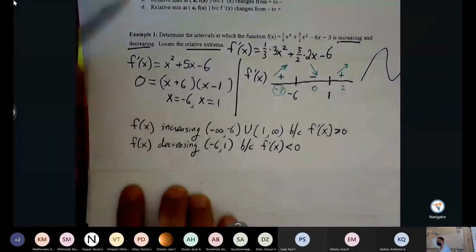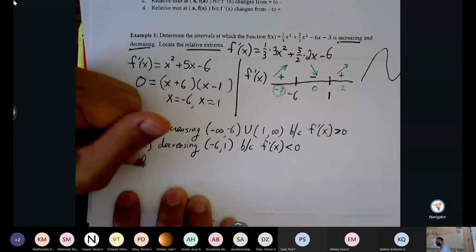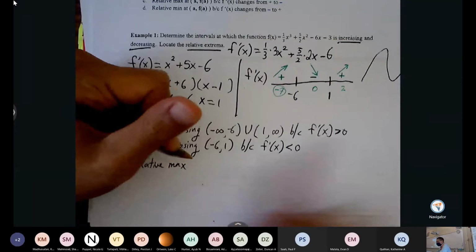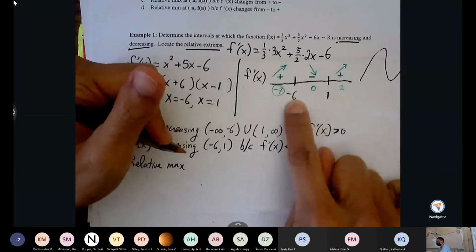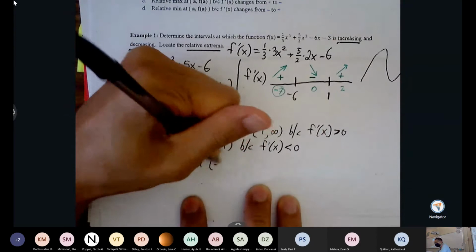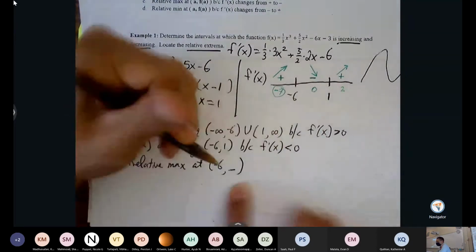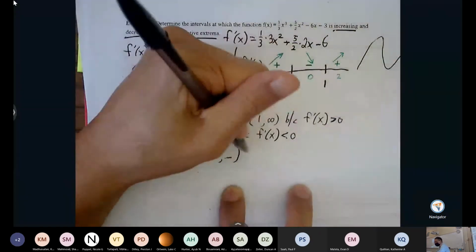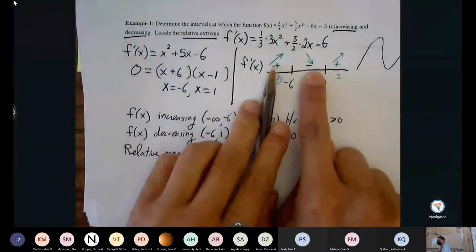So we're going to write that out. We'll say relative max. Okay, we know there's going to be a peak of the graph. Now, we don't know the y value, so we can do this: -6, comma, space, just to indicate that we don't have the y value, but we can look for it later. And the reasoning is because of these arrows, right?